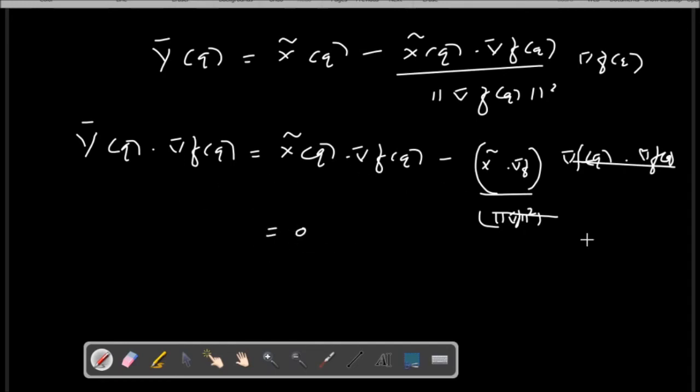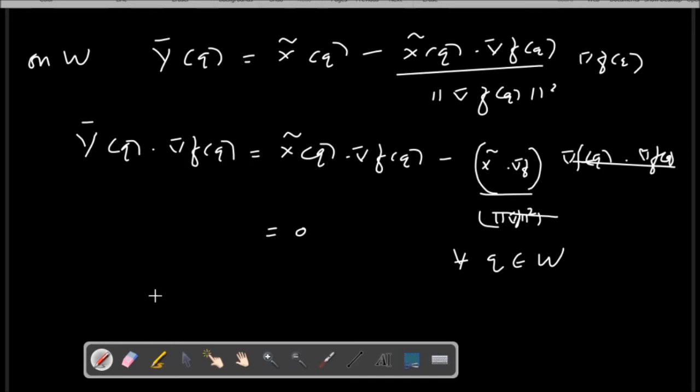This is true for all q element of W. For all q element of W, del f of q is not equal to 0 in this domain of W, so this definition is possible for W. Such a vector field you can define on W because del f of q is not equal to 0 on W. So for all q element of W, this is equal to 0. That means this y bar will be orthogonal to del f, right?